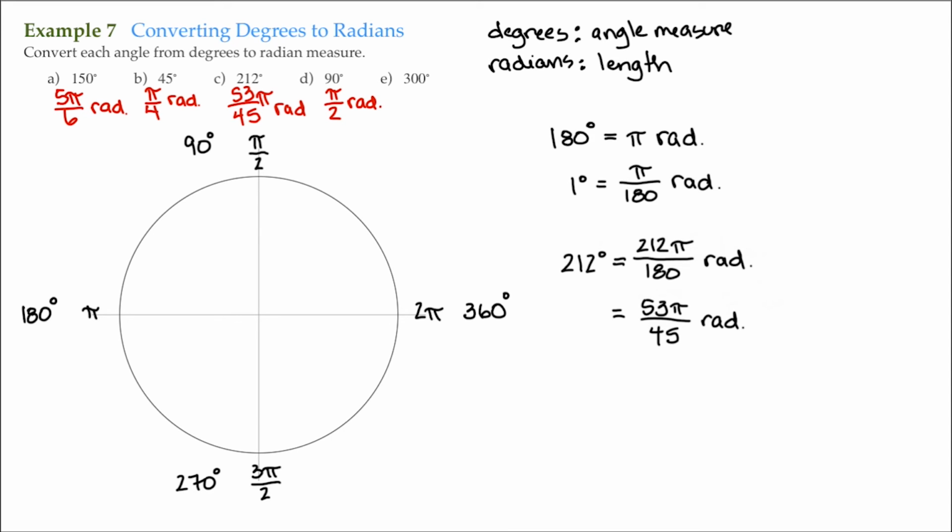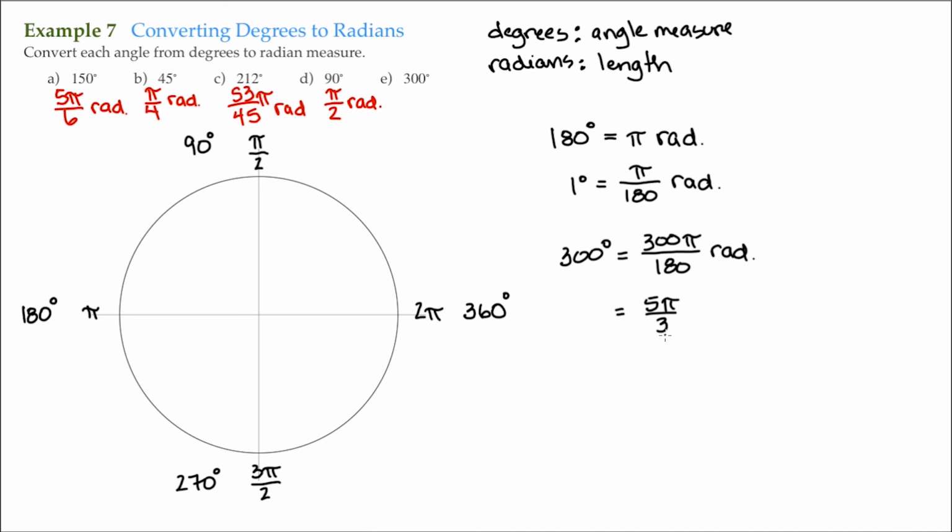And then finally for E, that's 300 degrees. That's going to be 300 pi over 180 radians. 300 over 180 simplifies to 5/3 pi, or 5 pi over 3.